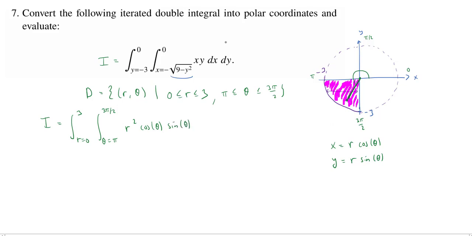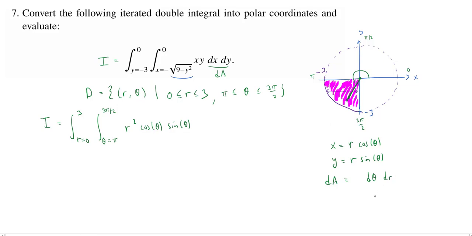Okay, now we have dx dy, and in a generic double integral, that would be our dA. But when we convert to polar coordinates, our dA is no longer going to be in terms of x's and y's. It will be in r's and thetas. And when we convert to r's and thetas, we get a dr, we get a d theta, in some order. I'll put the theta first.